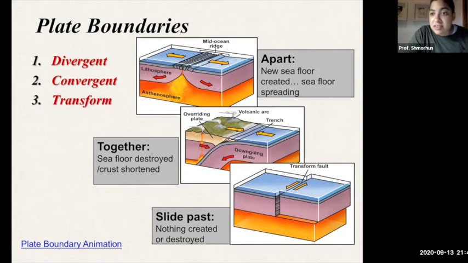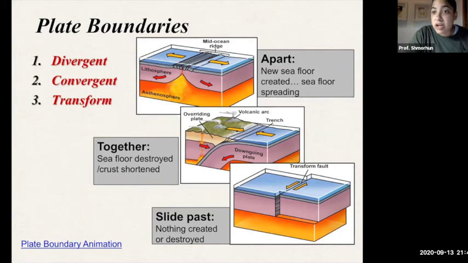We have continental convergence, where you have 2 continental plates that are being pushed towards one another. We have continental-oceanic convergence, when a continental and an oceanic plate are being pushed towards one another. And then you have oceanic convergence, when you have 2 oceanic plates that are being pushed towards one another.